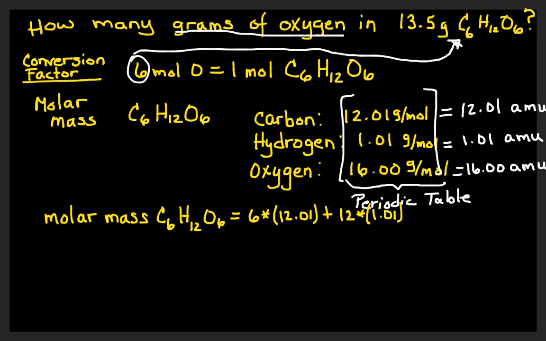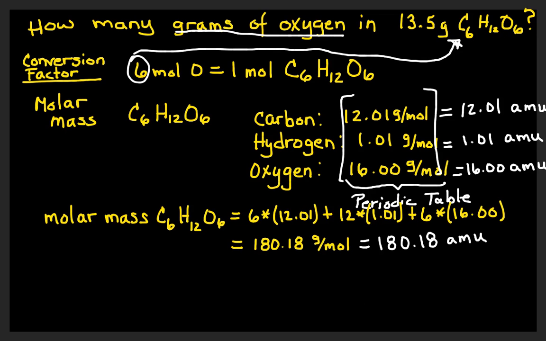Now I'm going to calculate the molar mass for the glucose, and what I do is sum up the molar mass for each individual element. I have the 6 because I have 6 carbons, 12 because I have 12 hydrogens, and 6 again because I have 6 oxygens.